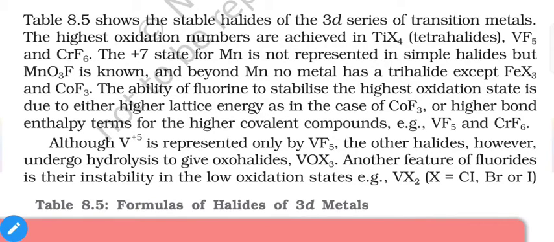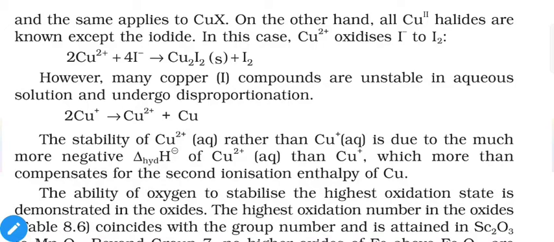Another feature of the fluorides is their instability in the low oxidation state, for example VX2. And the same applies for CuX. On the other hand, all the Cu+2 halides are known except the iodide, because copper+2 oxidizes I minus to I2. However, many copper(I) compounds are unstable in aqueous solution and undergo disproportionation.